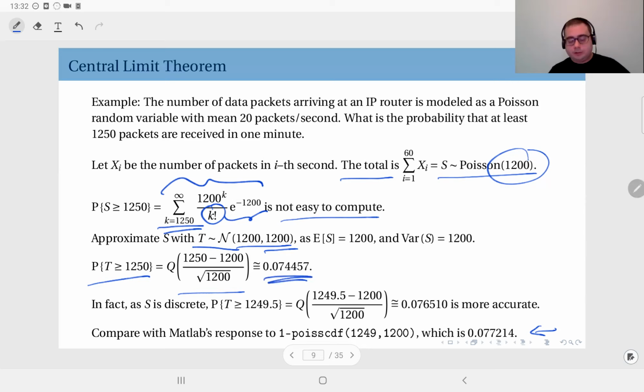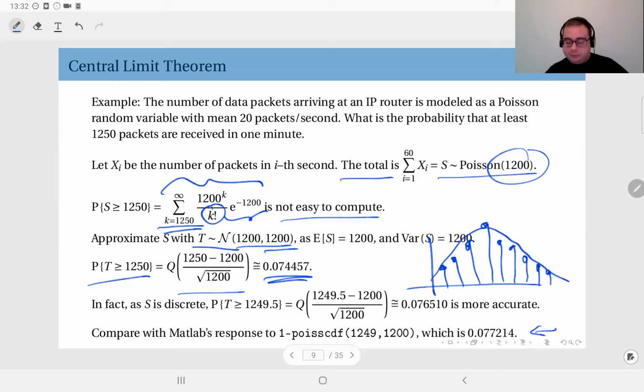In fact, a little trick here: since the Poisson random variable is discrete, its probabilities are something like this. When you use a Gaussian curve to approximate this, for each point you would have an interval. Usually if this is k, this would be k plus 1/2, and this would be k minus 1/2.